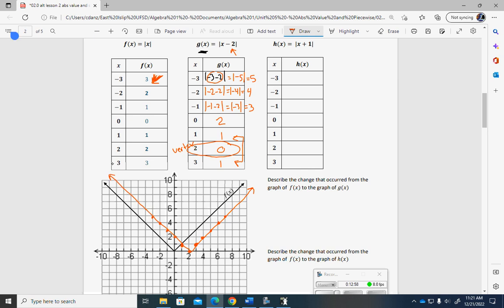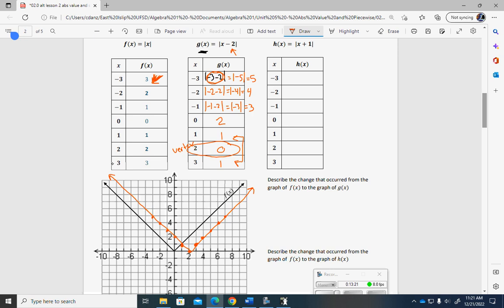So the statement that I made before, that you have to do this work inside the absolute value symbols, is important because it kind of affects the x instead of the y, right? I made that comment before. And I could see that it must be affecting the x because it shifted to the right, which means it followed the x-axis.